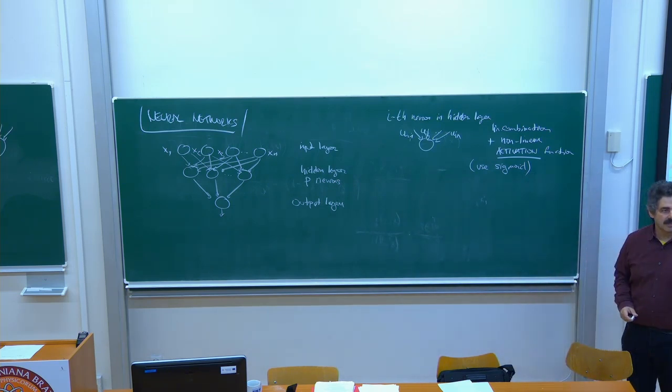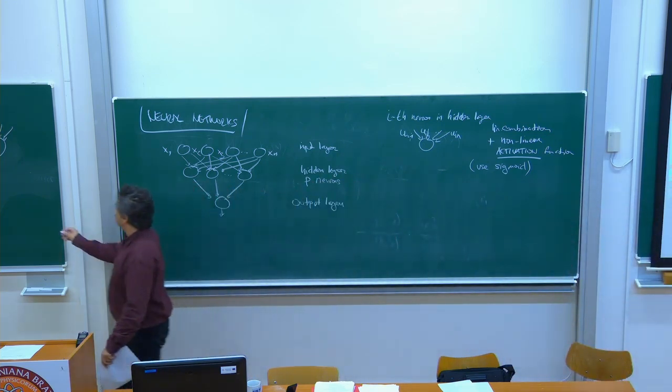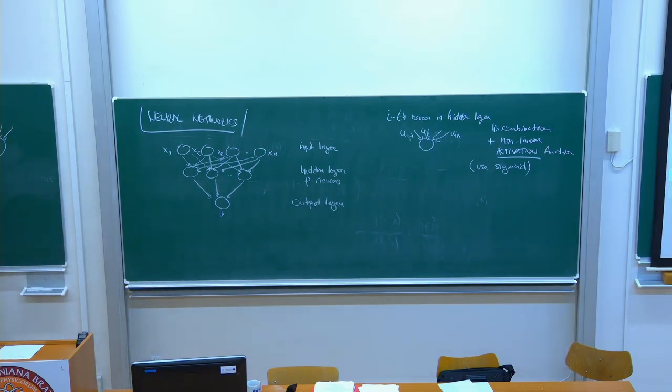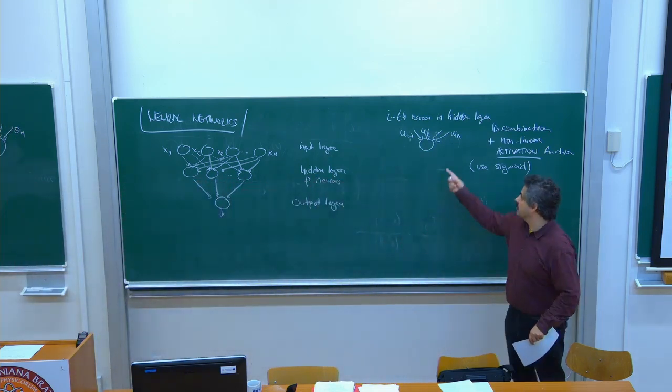Sorry, where did the weights come from? Because we don't have any weights in what... Oh, we do: theta 1, theta 2, up to theta n. So there are weights there, and there are also weights here.